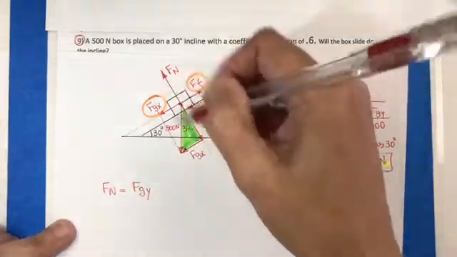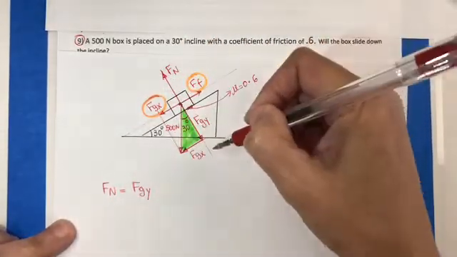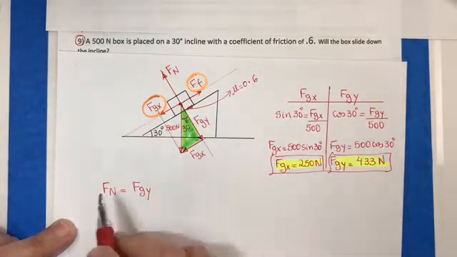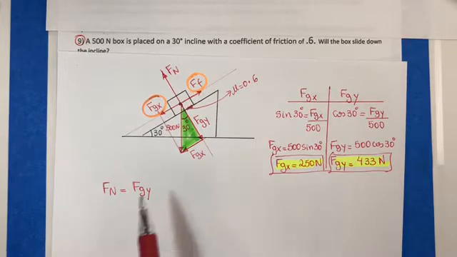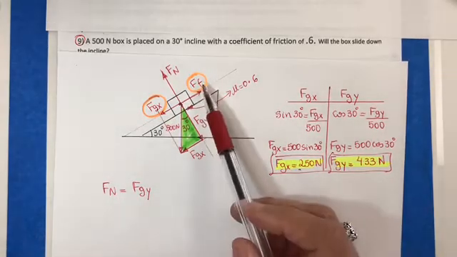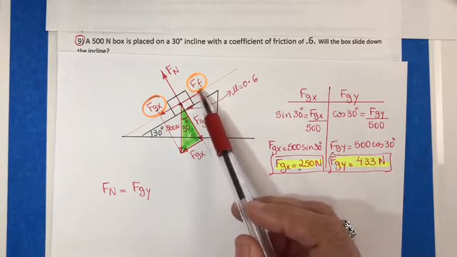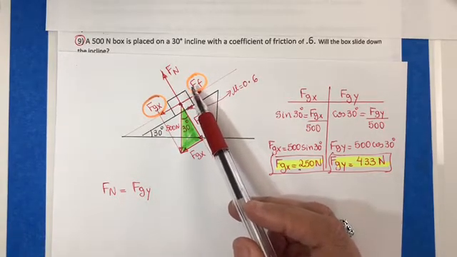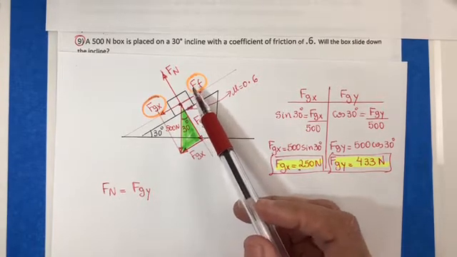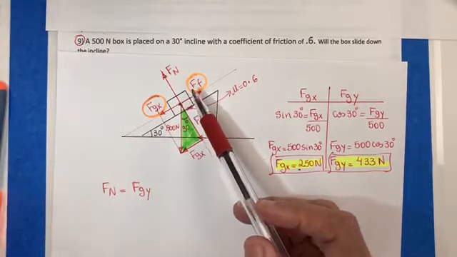Those are in equilibrium, so they are equal. I have FGX, which is this, but I don't have FF to compare. So we need to calculate FF using the formula of the force of friction.